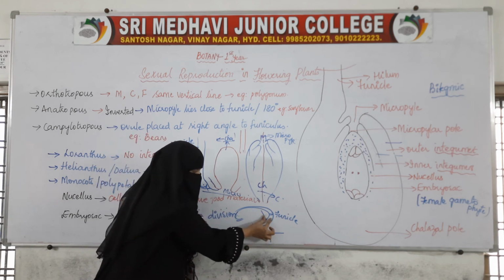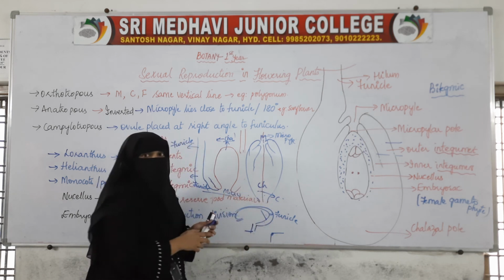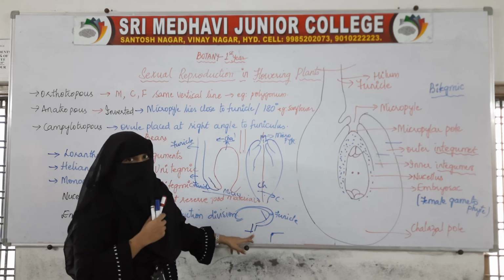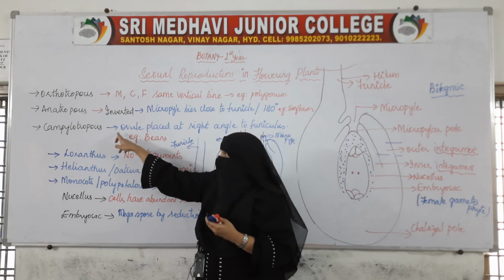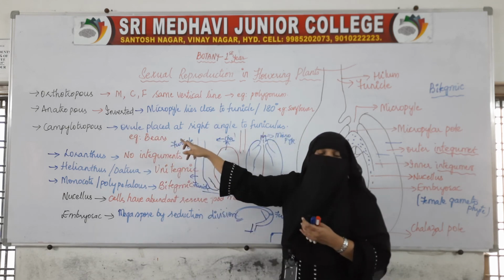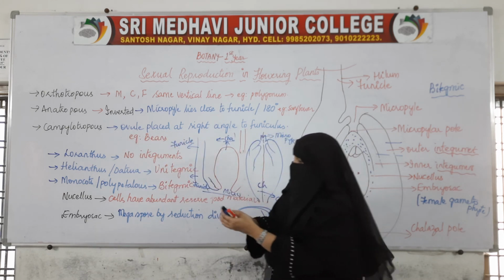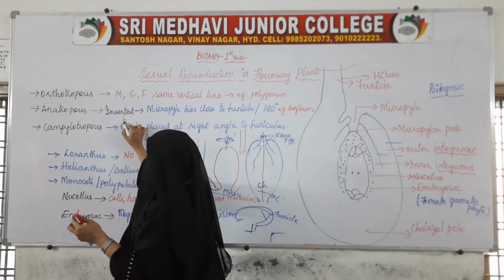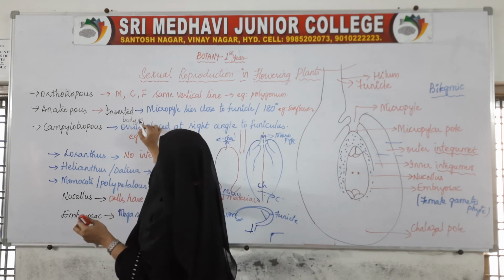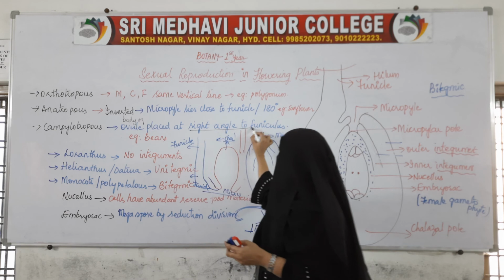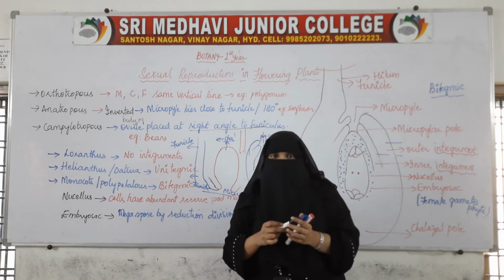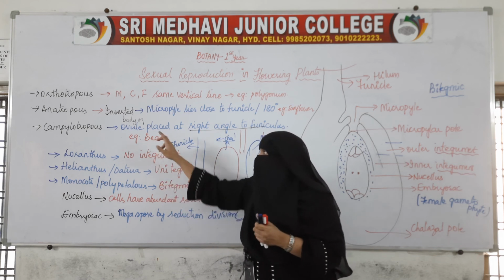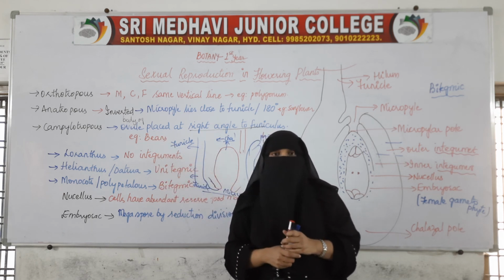So this type of ovule, where the body of the ovule is placed at right angle to funiculus or funicle, is called as campylotropous ovule.